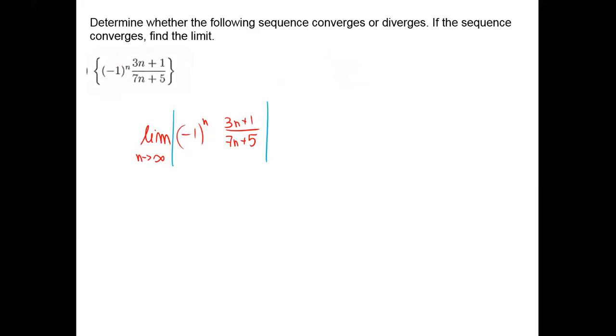If the absolute value of this type of sequence is not 0, then the original sequence is divergent. The absolute value looks like 3n plus 1 over 7n plus 5, without the negative 1 to the n, because it becomes positive. We can see this limit is 3 over 7, different from 0.